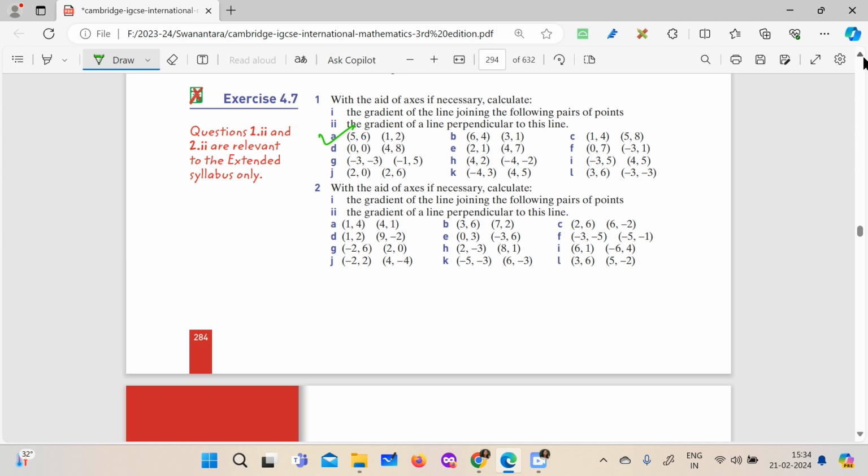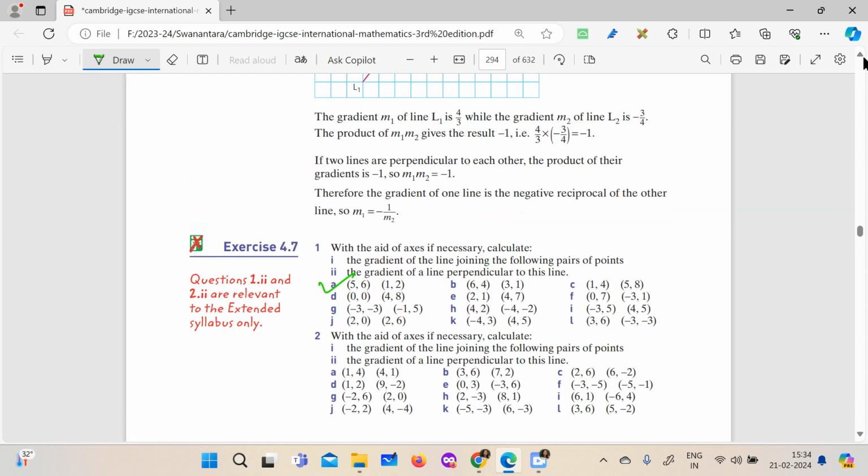You already know now m is equal to y2 minus y1 over x2 minus x1. This is your slope or gradient. Now another thing is the gradient of the line perpendicular to this line. Practically, this is your line, you are calculating the gradient.